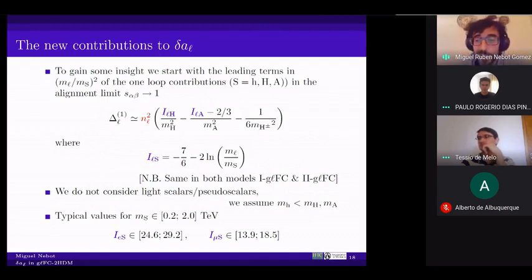The simplest trouble that you will find immediately is that, well, at LEP you were exploring e+ e- going to whatever you wanted, and if you need here some scalar that couples to electrons and also couples to muons and has a mass which is below the Higgs mass, well, you might have a lot of trouble evading the bounds that come from LEP, since you would have produced that resonantly.